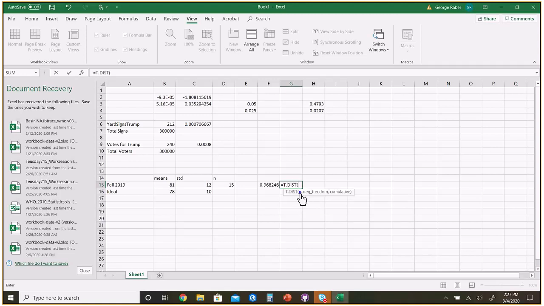Yeah, so x is this value. The degrees of freedom is this value minus 1. The degrees of freedom for every test is a little bit different, but it's that minus 1, and then we say true. So now we're getting the cumulative probability distribution function. For some reason I'm getting some feedback there.